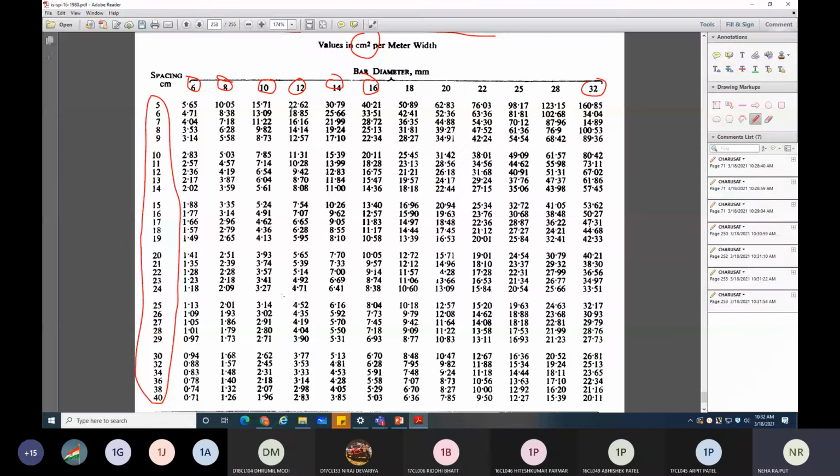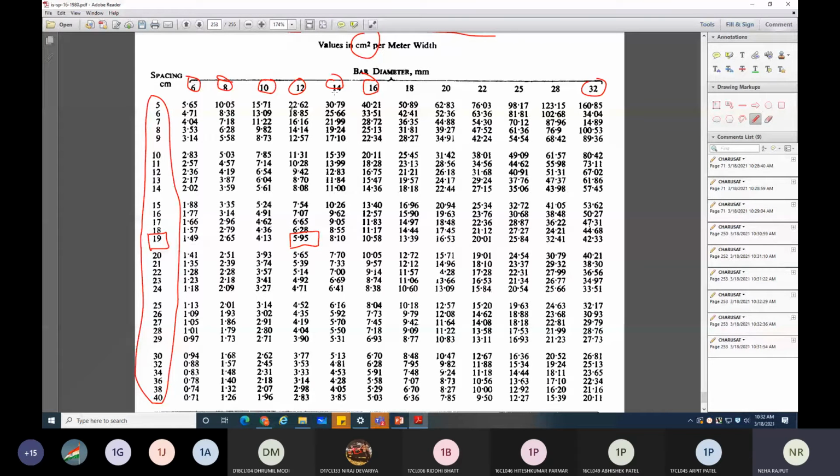So if I choose 12 mm diameter bar, I can get this 5.95, which is more than 5.68 for 12 mm diameter, and for that my spacing is 19 centimeter, that is 190 mm. Right, so I can consider 12 mm diameter at 190 mm center to center. So this is my case.